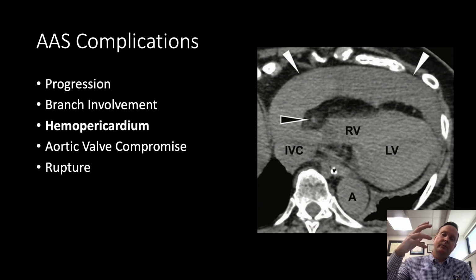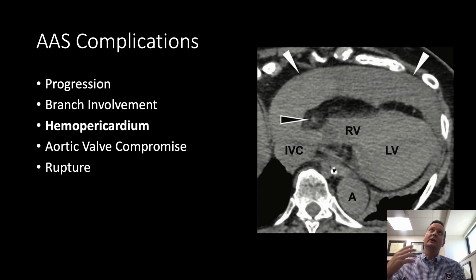From the aortic root, it can then break into the pericardial space, and in that setting create a pericardial hematoma, as you see in this patient, with a large amount of high density fluid surrounding the heart and compromising the diameter of the right ventricle.